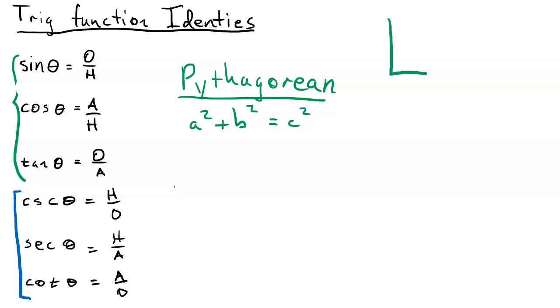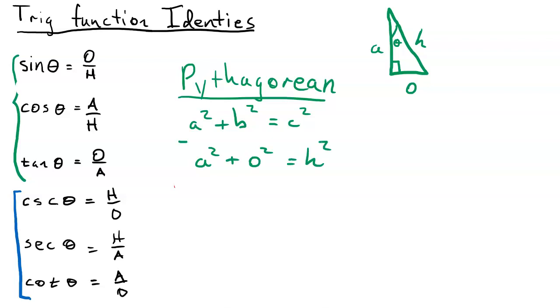But when we have a right angle like this, and we just have some theta, we label these sides instead of A, B, and C as opposite, adjacent, and hypotenuse. So if we replace them, we get something like A squared plus O squared is equal to H squared.